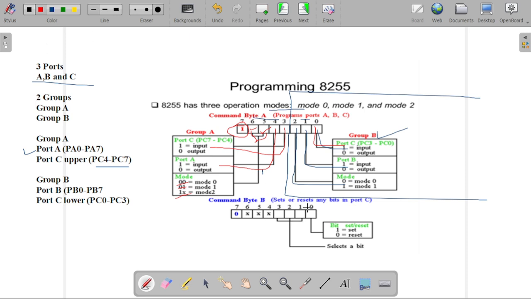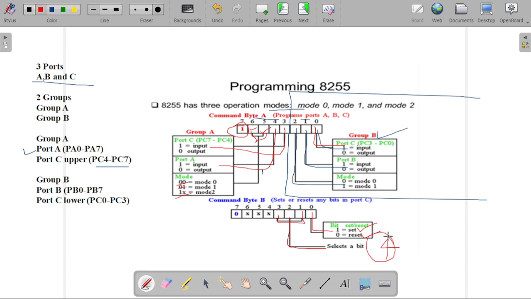In command byte B, there are also a total of 8 bits, and the 0th bit is for the bit set and reset operation. If you have to set the bit, you write 1. If you have to reset the bit, you write 0. Then there are 3 bits for selecting the bit of our operation. Suppose you have to select bit 4.